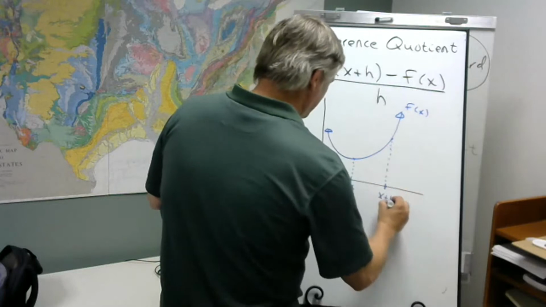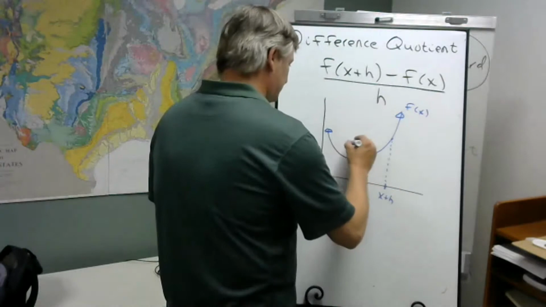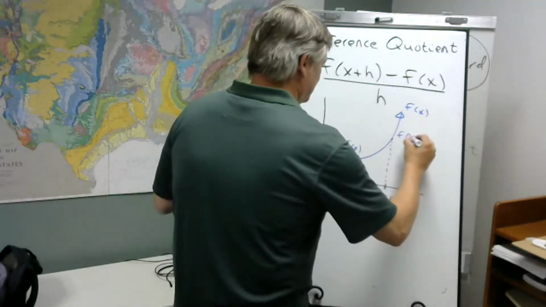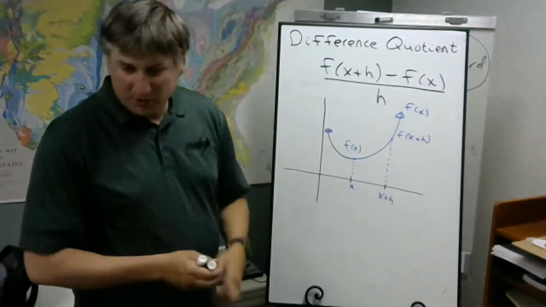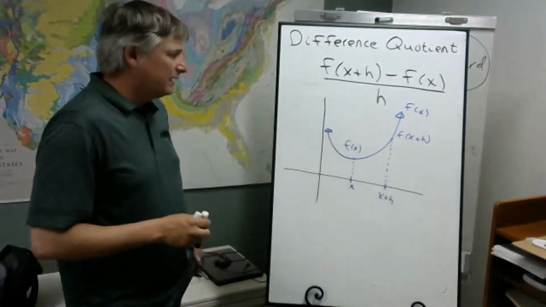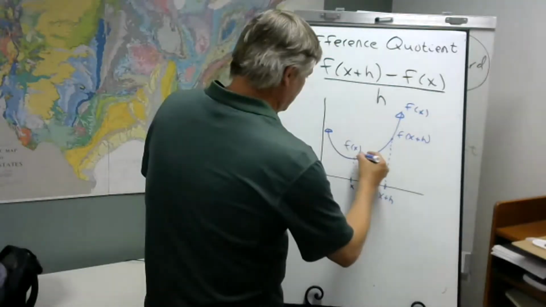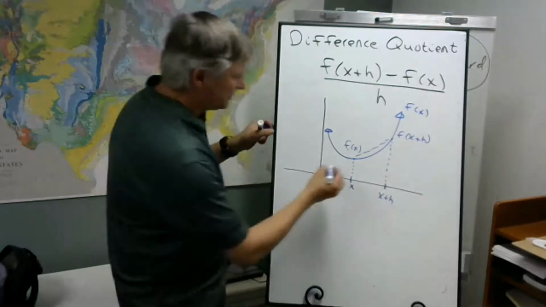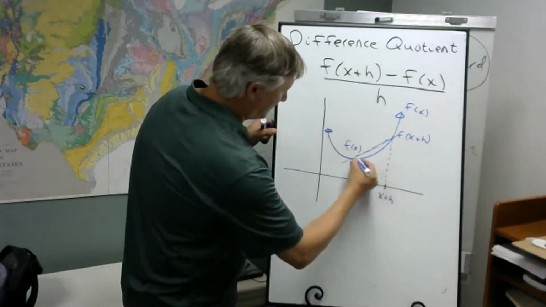This is x plus h. So this would be f of x, and this is f of x plus h. Now, what you would do here is, if you draw a line between these 2 points, it cuts across this function f of x. Cuts across like that.